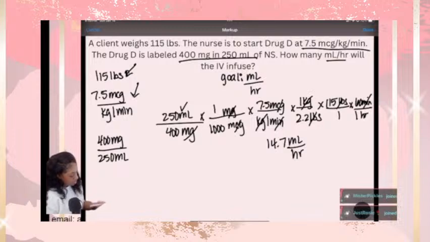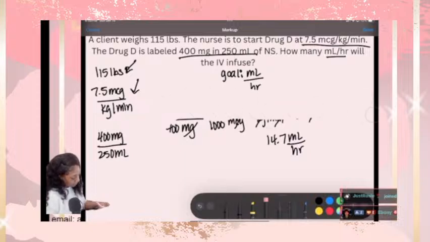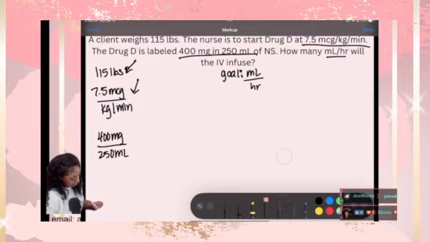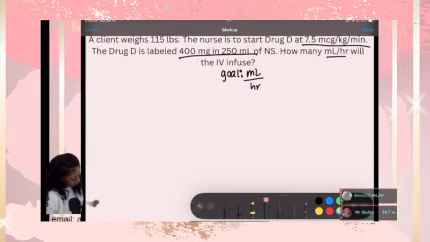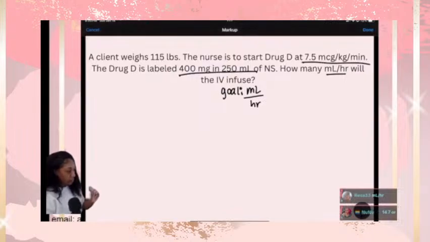Okay? So how we would do this problem without dimensional analysis, we would have to do what Nunu said and change our pounds to kgs.